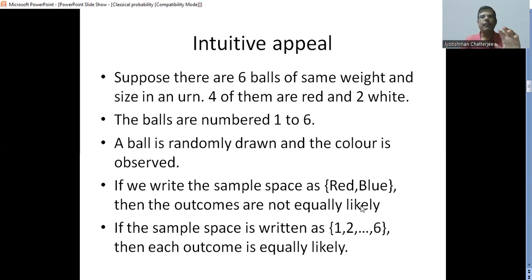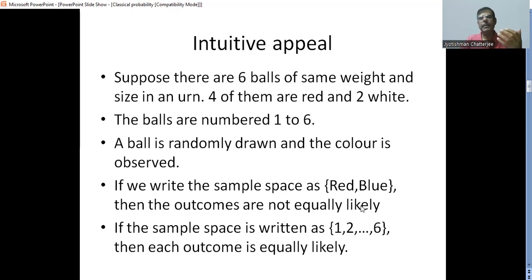However, 4 of them are colored red and 2 of them are colored white. Now imagine that you are blindly picking up one of the balls from the urn, and then you observe the color of the ball. Now this is the random experiment.